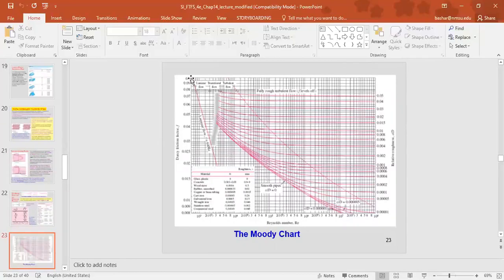As we can see here, this is the laminar flow, which for a circular pipe is 64 divided by the Reynolds number, while here is the region where turbulent flow starts. So we can get the value for the friction factor from this chart.